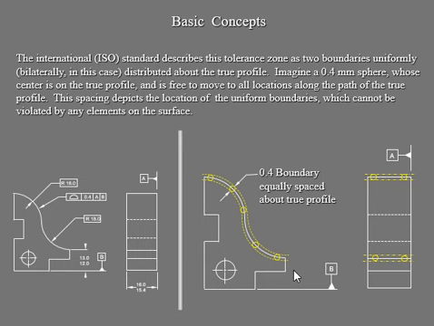These are distributed uniformly, or bilaterally, meaning on this side and on that side of the surface profile, about the true profile. Your true profile is the white line, and your zone is the yellow lines. Your little circle shows your 0.4, which is this profile tolerance, measured from datum B and then datum A. You can see the datum B surface and the datum A surface in the same view, because that's a right side view and that's a front view.